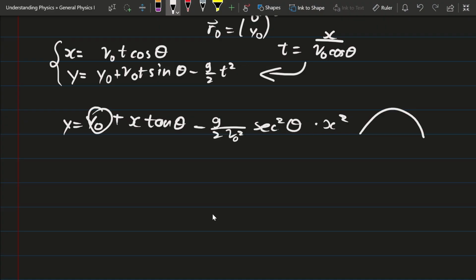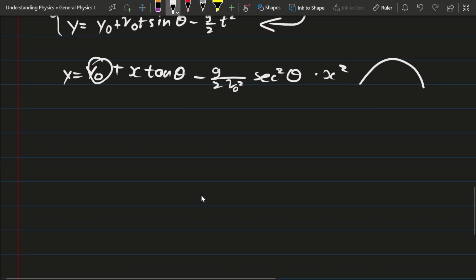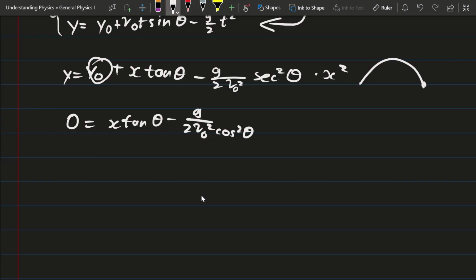We want to figure out what's the maximum distance, as well as the angle that we need to get the furthest distance. So if we look at this straight away, if we want to obtain the next 0, therefore we need to figure out that 0 would equal x of tangent theta minus g over 2 v0 squared cosine squared of theta, times x squared.